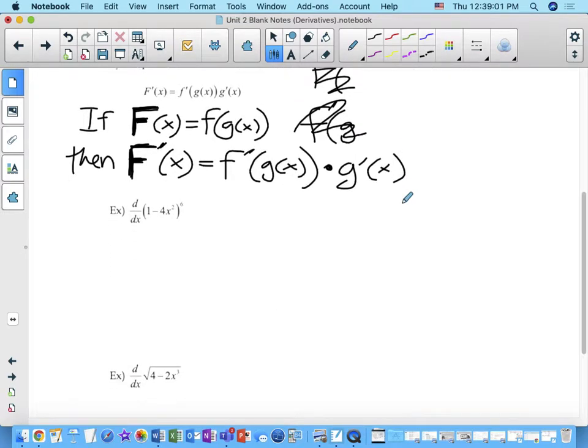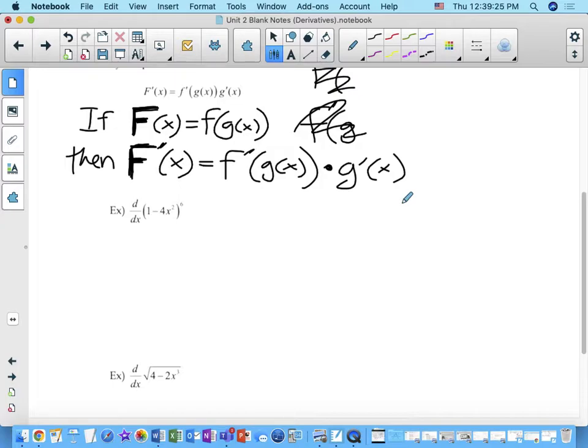Okay, so our outer function is this something to the 6. And our inner function is 1 minus 4x squared. Okay, so f of x is x to the 6, something to the 6. Our inner function is this 1 minus 4x squared.